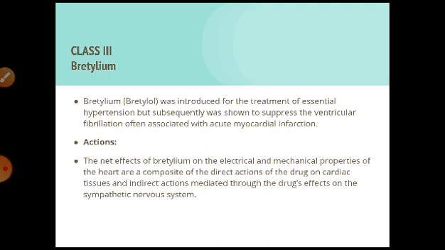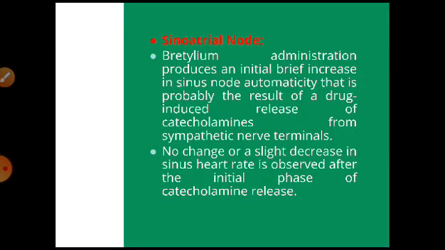The net effects of bretylium on the electrical and mechanical properties of the heart are a composite of the direct action of the drug on cardiac tissues and indirect action mediated through the drug's effect on the sympathetic nervous system. So both direct and indirect effects are produced, directly through the heart and indirectly through the nervous system.